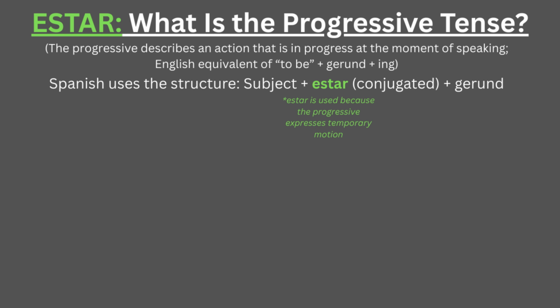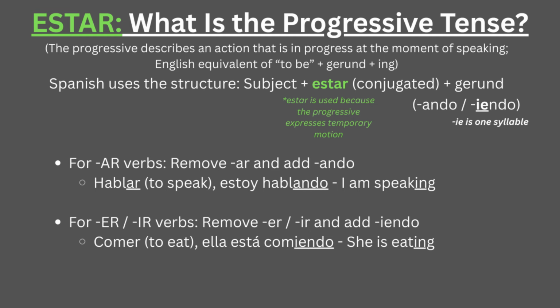In Spanish, there is a similar structure that uses estar, because the progressive state is something temporary, and that's why estar is used, along with a gerund that ends in ando or iendo. The ending ando is used with ar verbs, while iendo is used with er and ir verbs. To form a gerund, remove the infinitive ending and add the gerund endings.